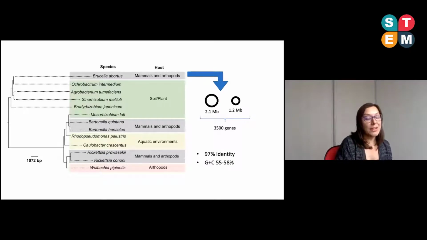And that's why we have to look into that 3% for differences that could help us understand that very particular biological behavior despite being so closely related and almost identical from the genomic point of view.